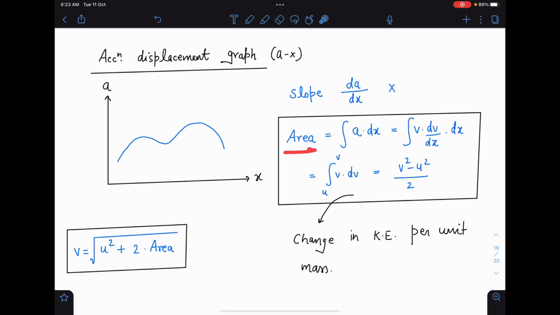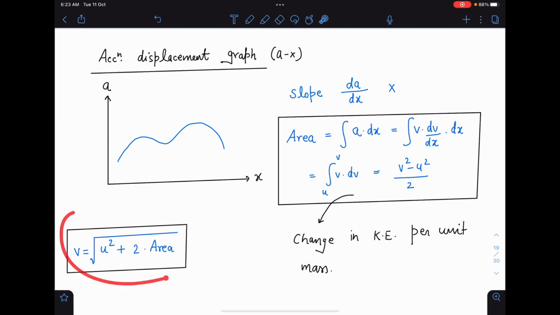If we see area wise, then area is integral a dx, which will become integral v dv by dx into dx. So dx gets cancelled and this will become integral v dv, which is v square minus u square by 2. Change in kinetic energy per unit mass.